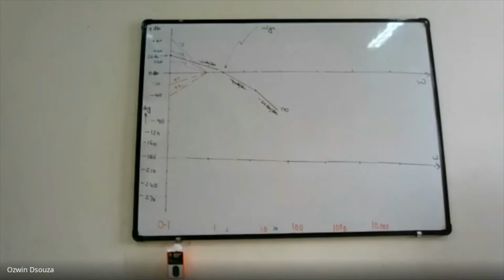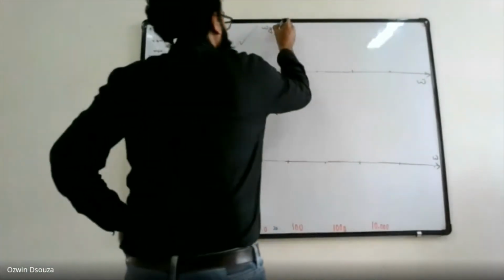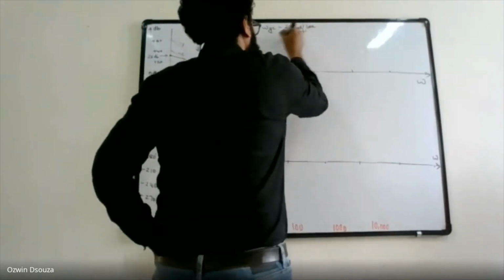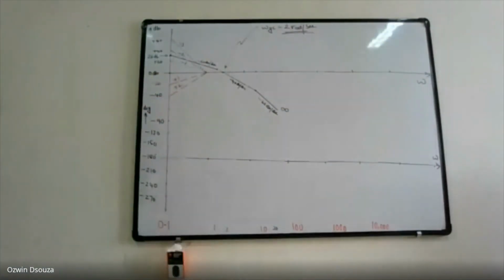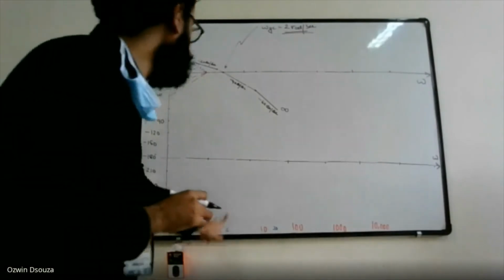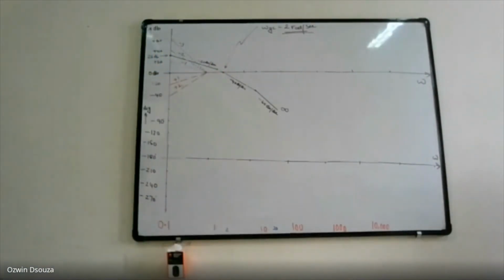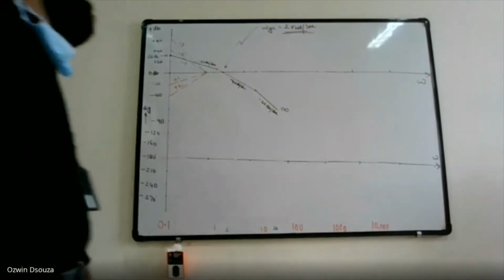If you were to draw this graph very, very carefully, this gain crossover frequency, you will get it very close to 2 radian per second. Okay. I did not draw it with respect to graph. So yeah, 2 radian is here, which is very close to 2 radian per second. Okay, you can draw it in a graph sheet and you can check. So gain crossover frequency, I'll get it as 2 radian per second.